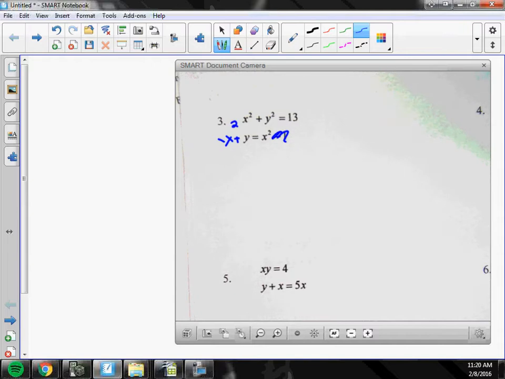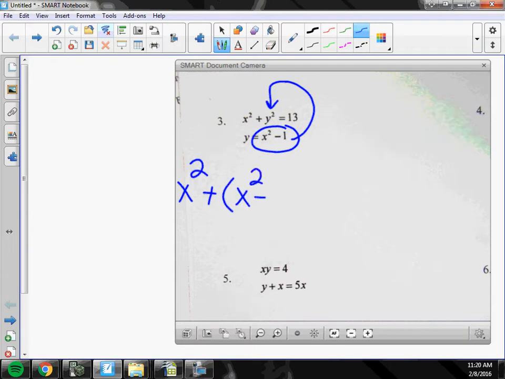That would work, okay? Or we could do substitution. So I'm going to plug this in there, and you'd get x squared plus (x squared minus 1) squared equals 13. You're going to end up with an x to the 4th equation, which is really nasty. You don't want to do that. It will work, but you don't want to.